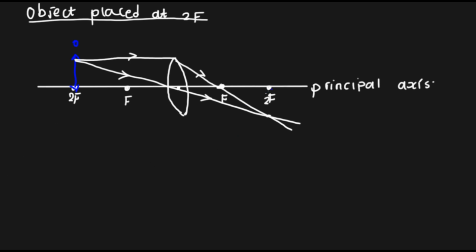So if you use the actual scale, the characteristics that you are expected to have is number one, image formed at 2F. So the same.